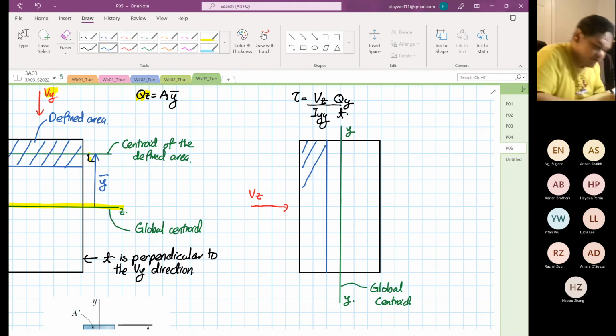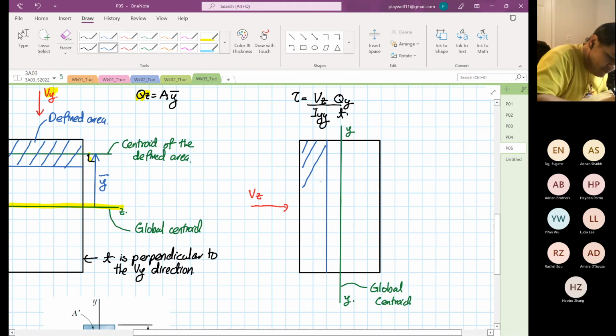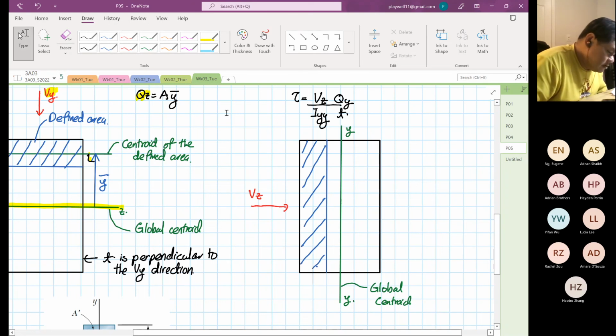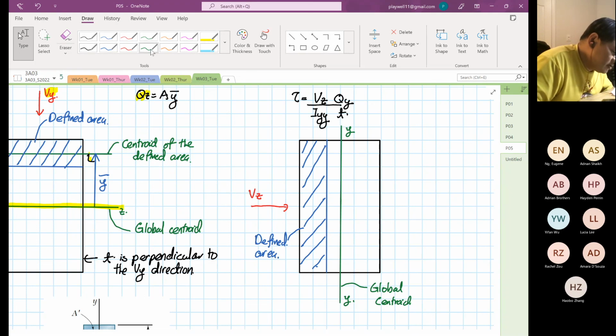It's further distant away from the centroid. Our defined area also has a centroid of its own.